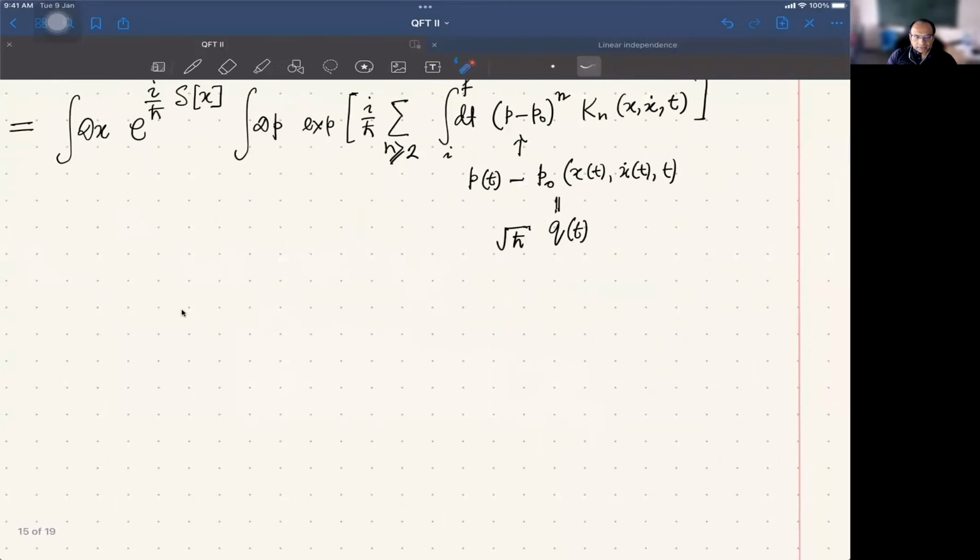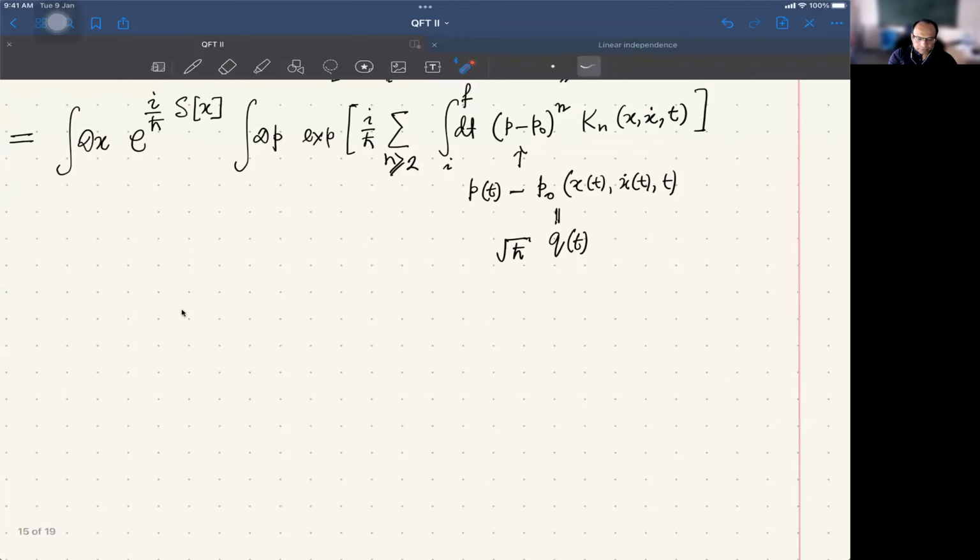Okay, so then the entire momentum integral, if you do this, can be written in the following fashion.